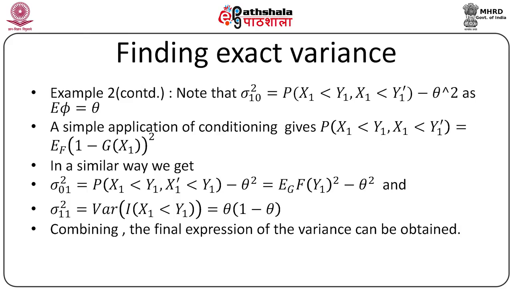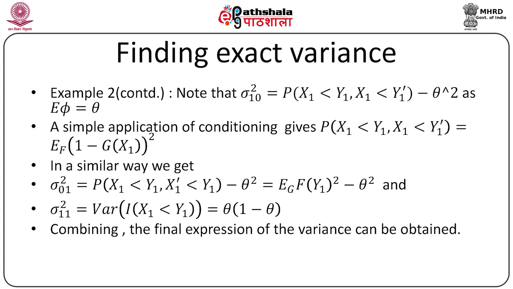Now, we observe that y1 and y1 dash are IID. Then, we conditionally fix x1 so that probability x1 less than y1 and x1 less than y1 dash becomes the double expected value of indicator x1 less than y1, x1 less than y1 dash, where x1 is conditionally fixed. Now, the inner expectation is with respect to the conditional distribution of y1 and y1 dash.